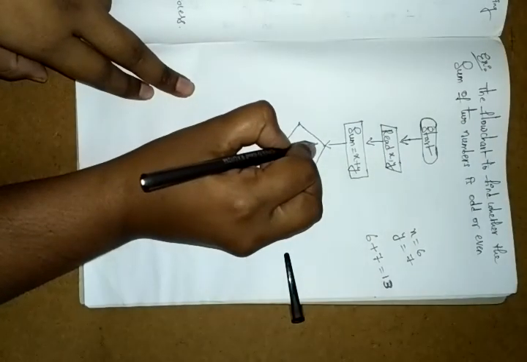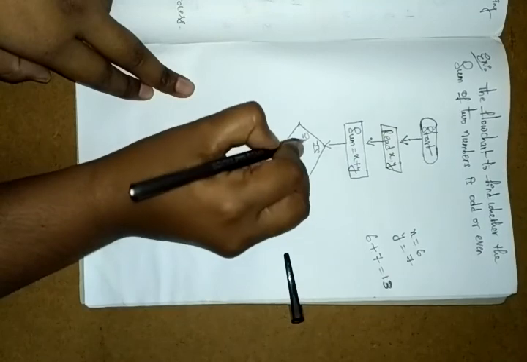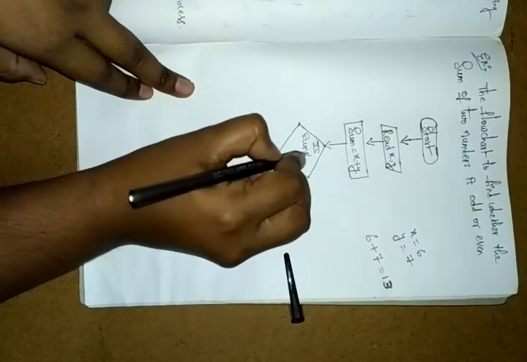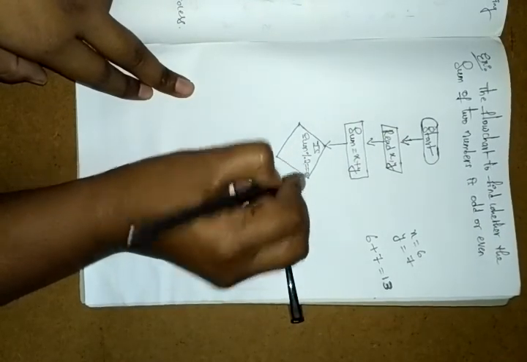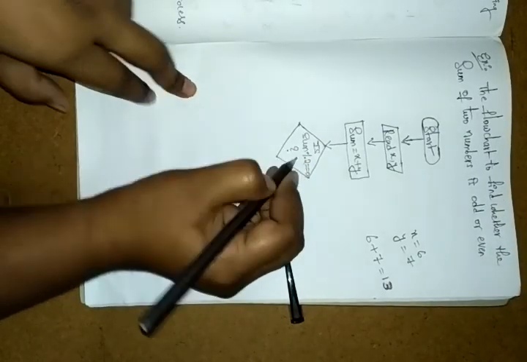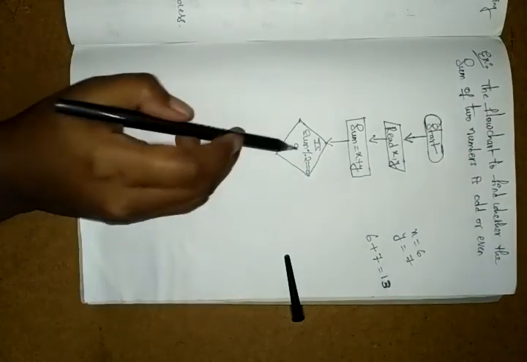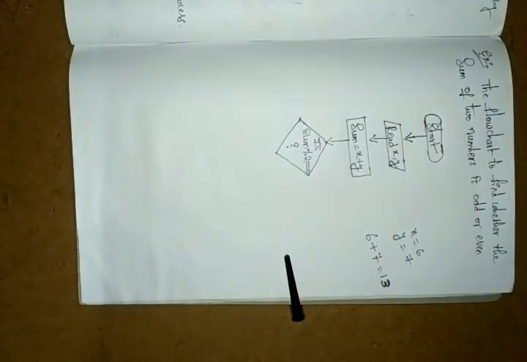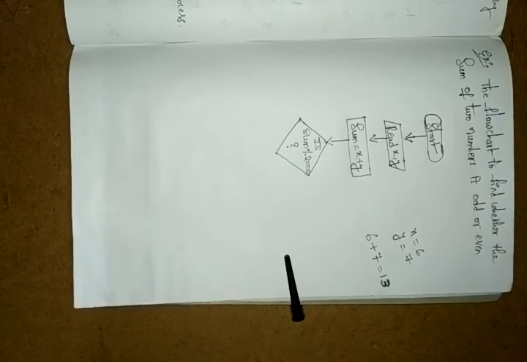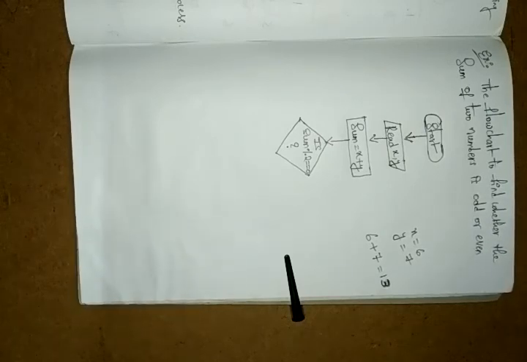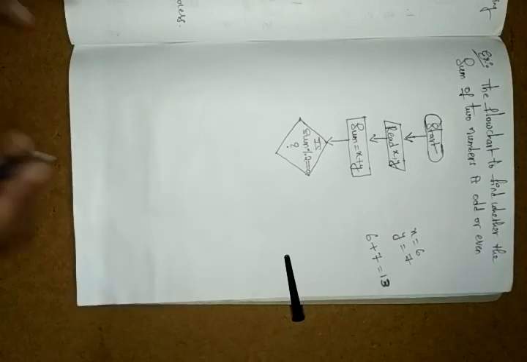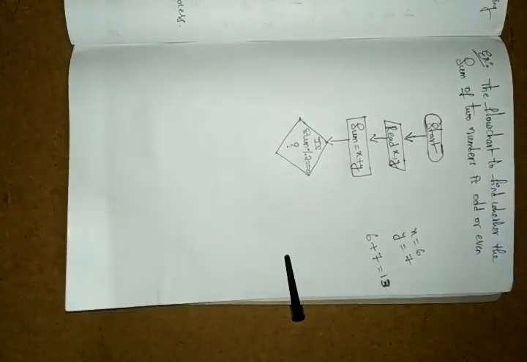Here I am writing the logic: sum modulo 2 equal to 0 or not. You took the value sum, which here is 13. 13 modulo 2: if that is equal to 0, it is even. If it is not equal to 0, you can make it odd.